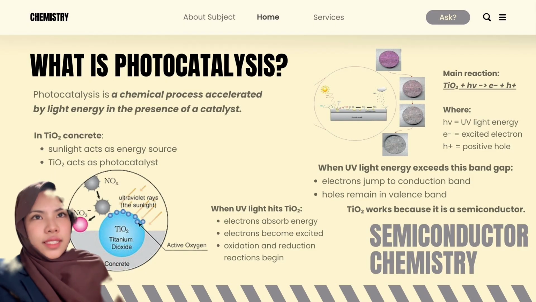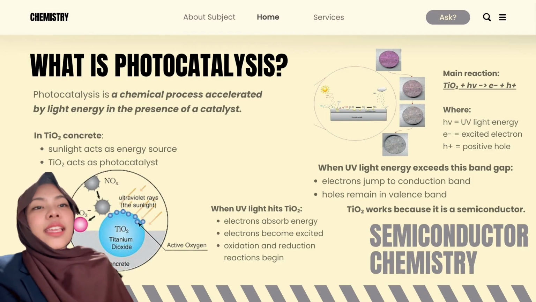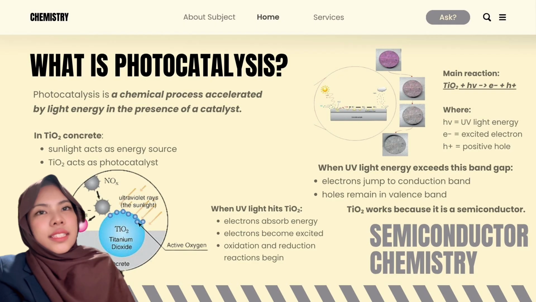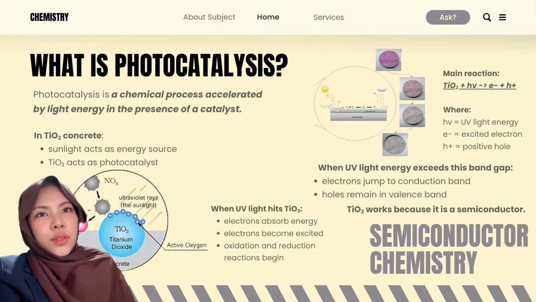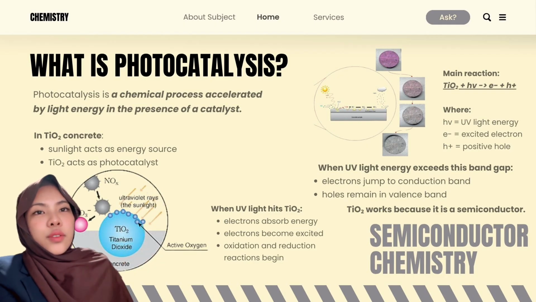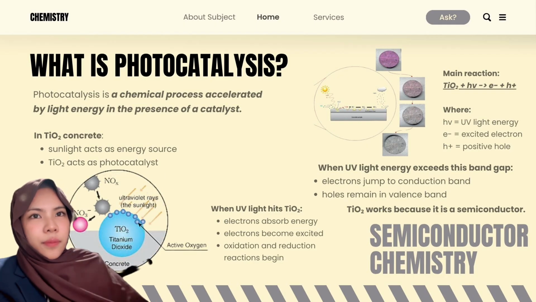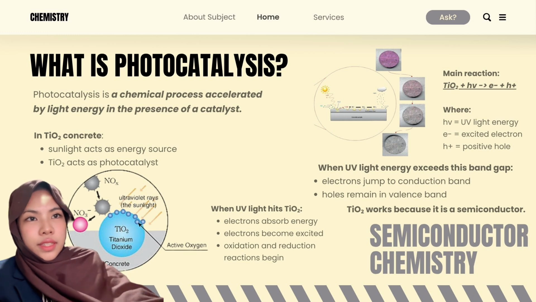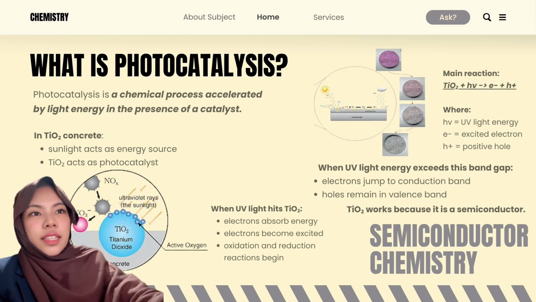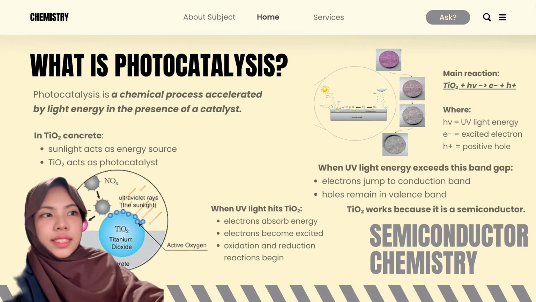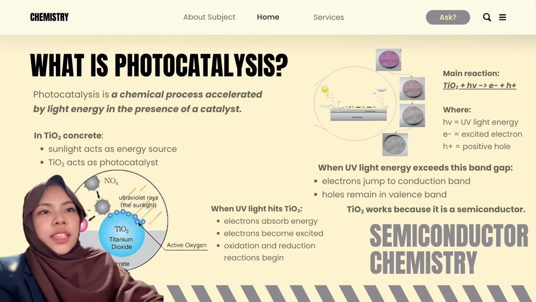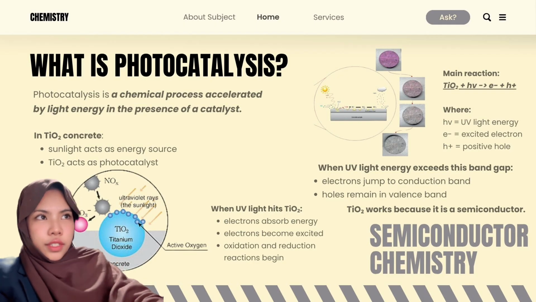What is photocatalysis? Photocatalysis is a chemical process accelerated by light energy in the presence of a catalyst. In TiO2 concrete, sunlight acts as the energy source and TiO2 acts as a photocatalyst. You guys can see the picture. When UV light hits TiO2, electrons absorb energy and become excited, and then it can do the reduction.